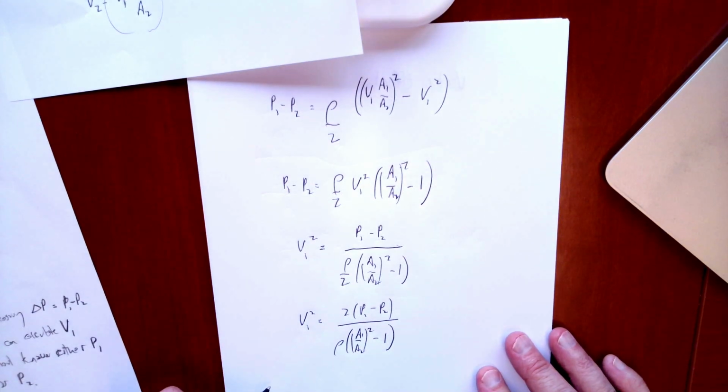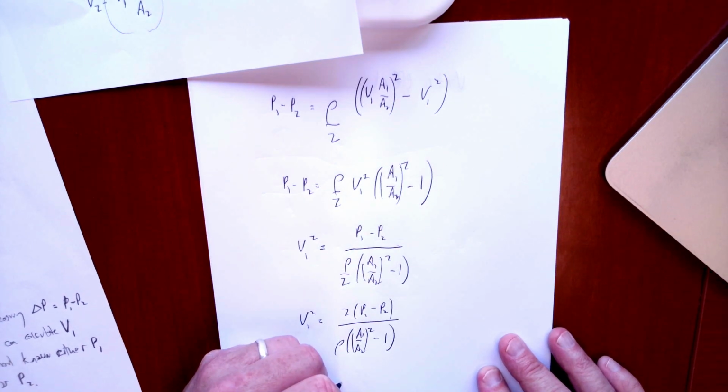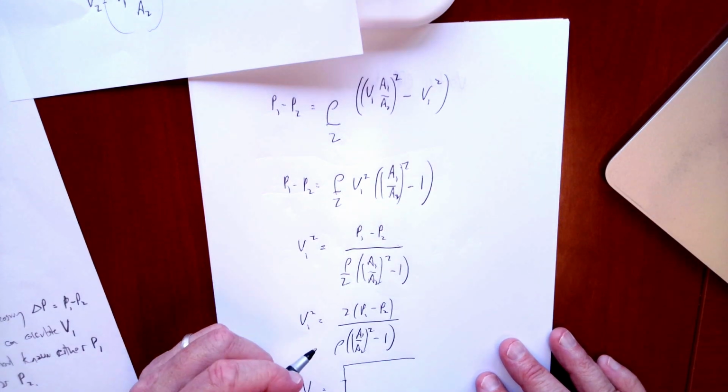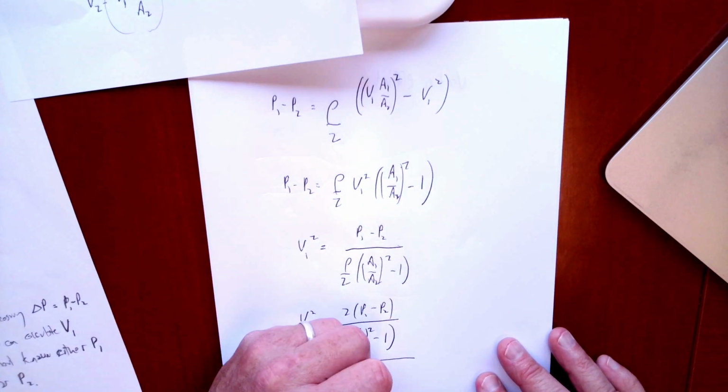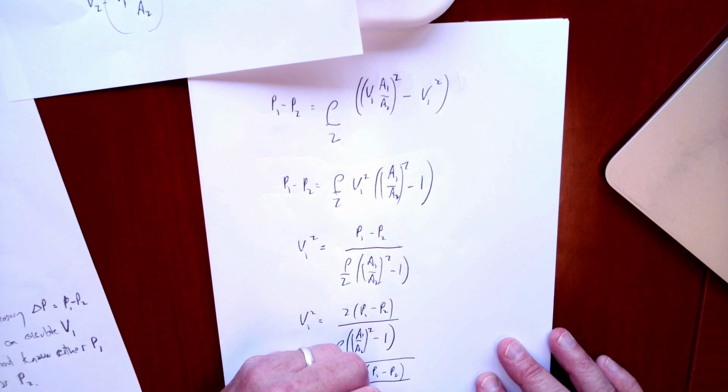And finally, of course, I'm just going to take the square root of that. I get V1 is equal to the square root of 2 times (P1 minus P2) divided by rho times (A1 over A2 squared minus 1).